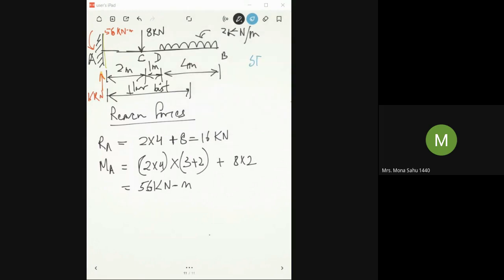So at B there's no point load. At D, just after C, and then at C, just after A, and at A. At B it's going to be 0, at D 2 into 4 minus 2 into 4.